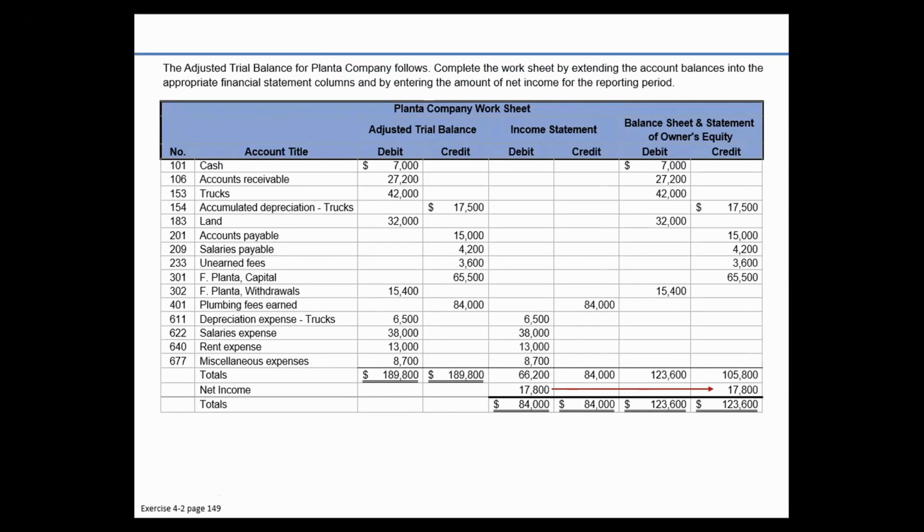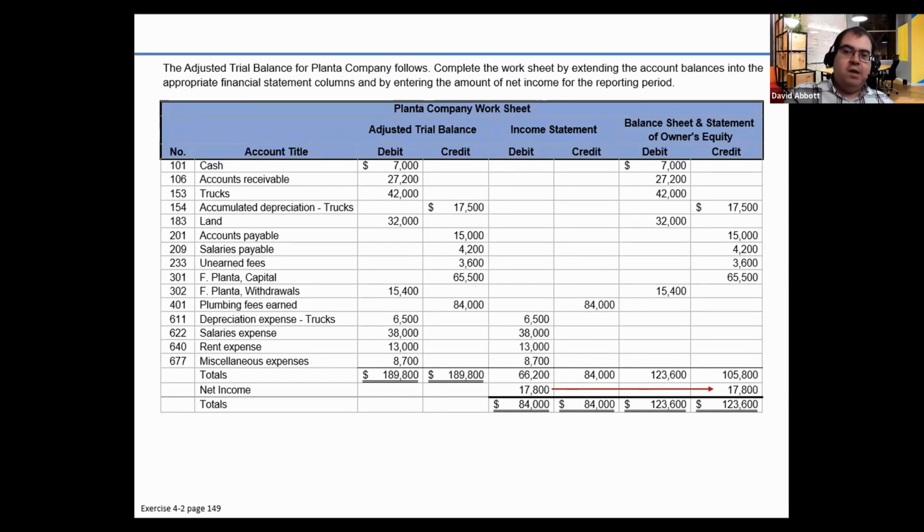So for example, cash, accounts receivable, the trucks, also the depreciation for the trucks, and land, those are all assets. I'll just do an A. So these are all assets.